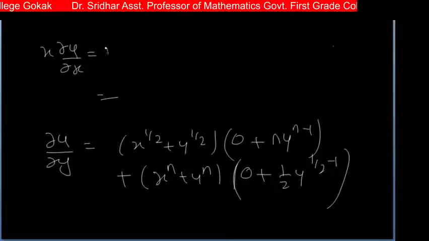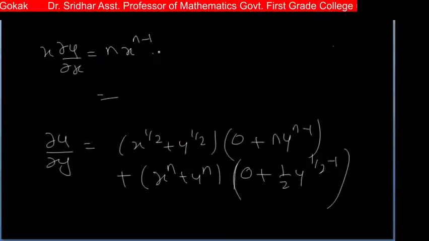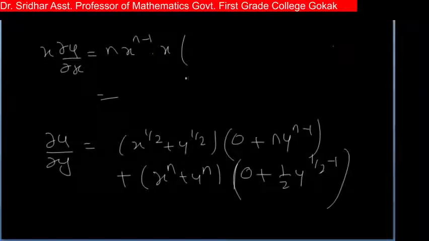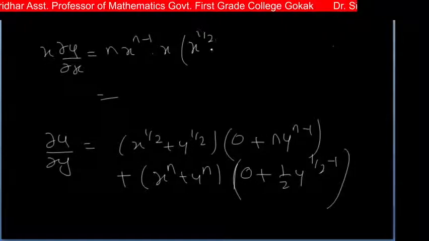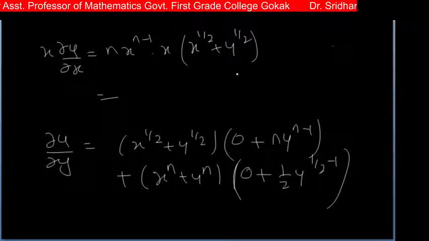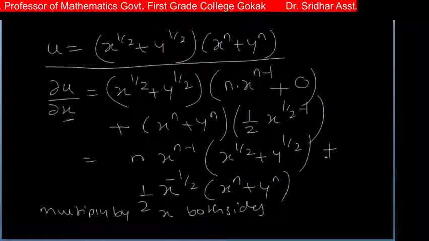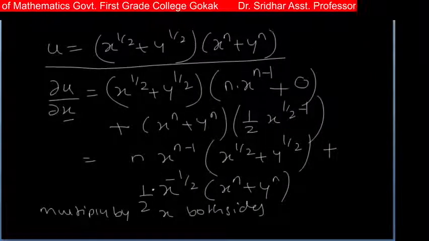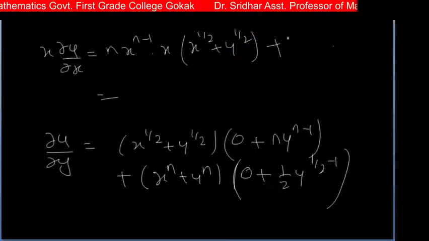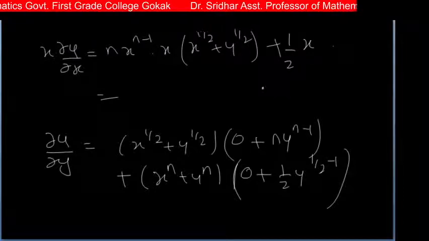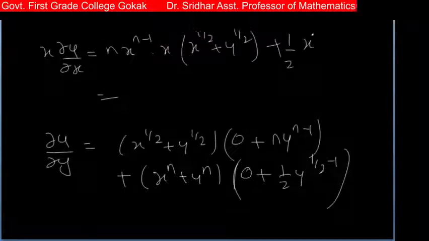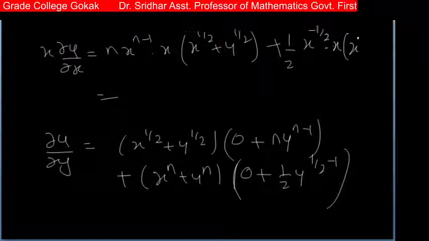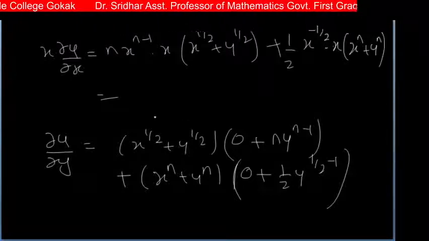So this is n into x raised to n minus 1 into x into bracket x raised to 1 by 2 plus y raised to 1 by 2. Next, the second term is plus, this is also multiplied with x. So plus 1 by 2 into x raised to minus 1 by 2 into x into bracket x raised to n plus y raised to n.